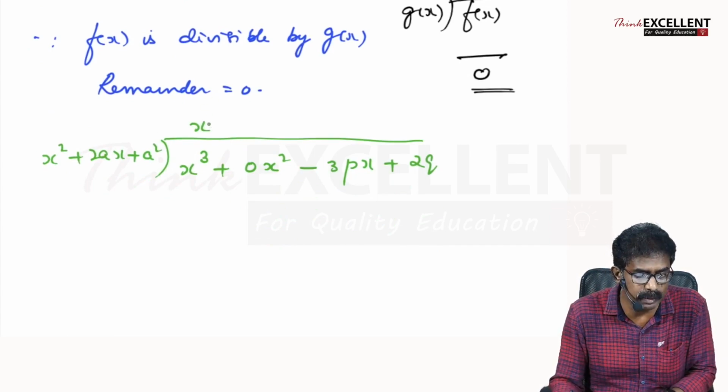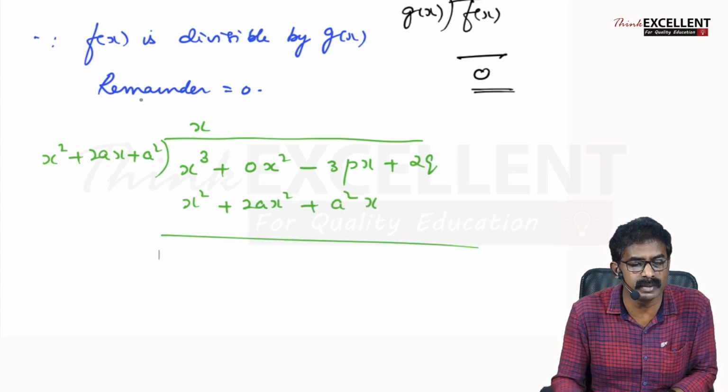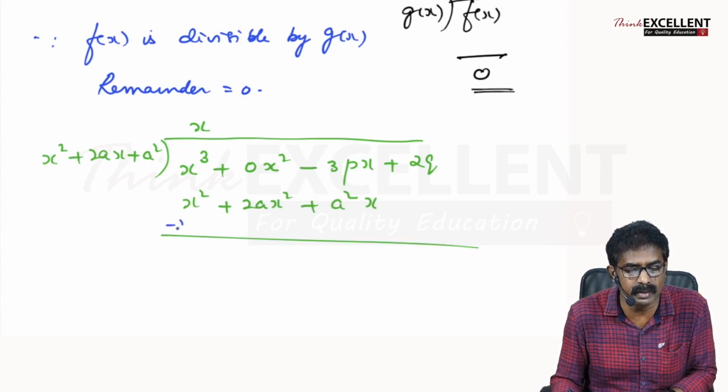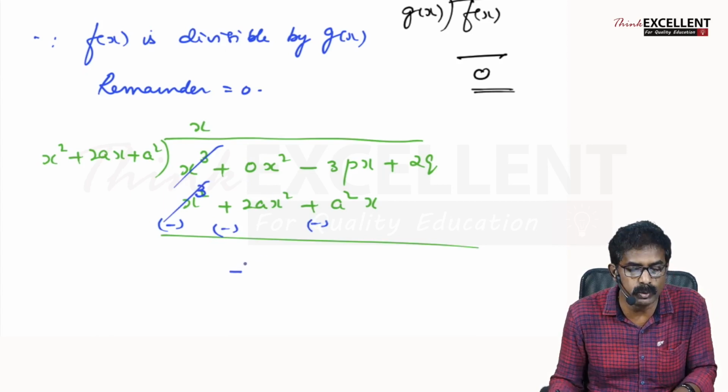By that x you multiply every term: x into x square, plus 2ax square, plus a square x. Now we have to subtract it, so change the sign. The first one, x into x square, is x cube, minus, minus, so the first one cancels. 0 x square, leave it, you are getting minus 2a x square.